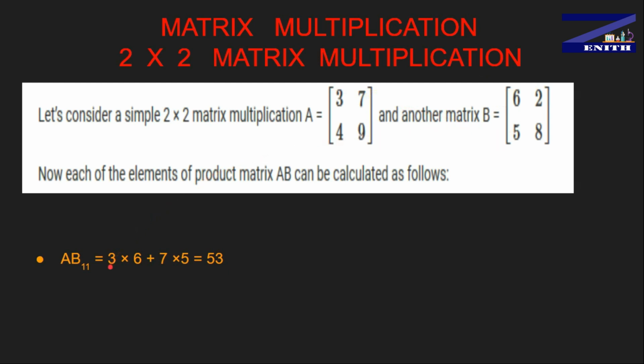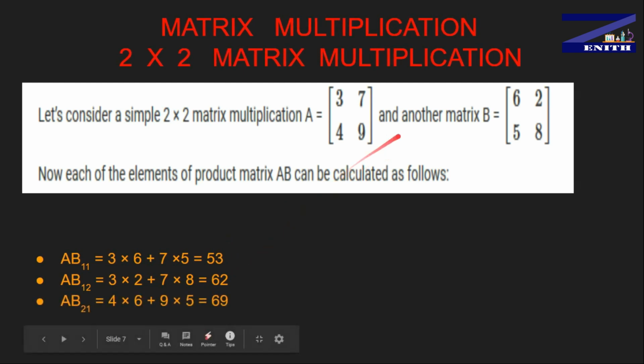So this is the whole thing we are doing here. After adding that, we are getting 53. Now guys, if you want to get the second element of the product matrix, what you have to do is take only this row and multiply with this column: 3 with 2, 7 with 8, add them and you get this.